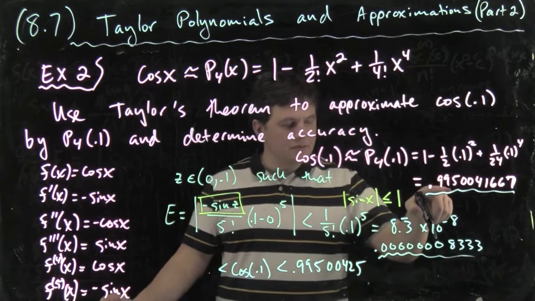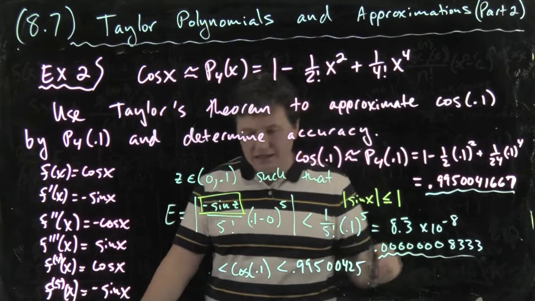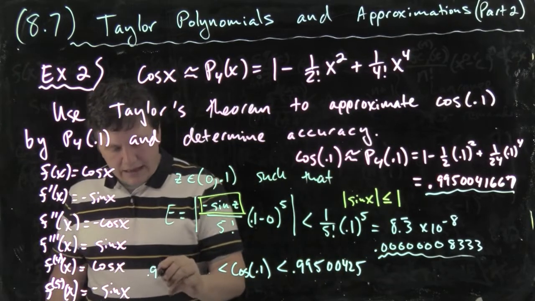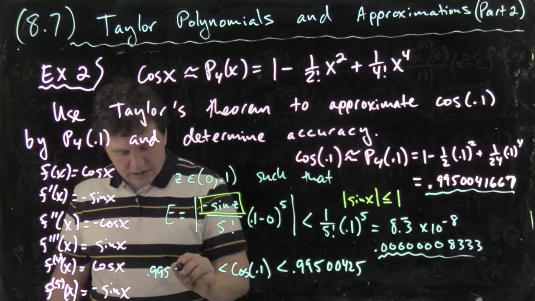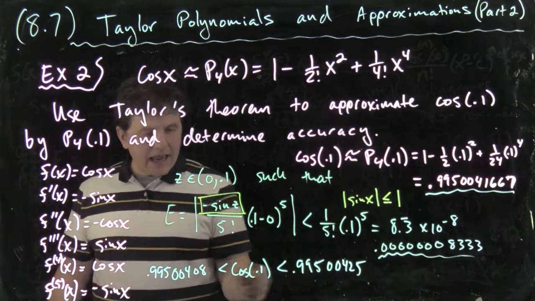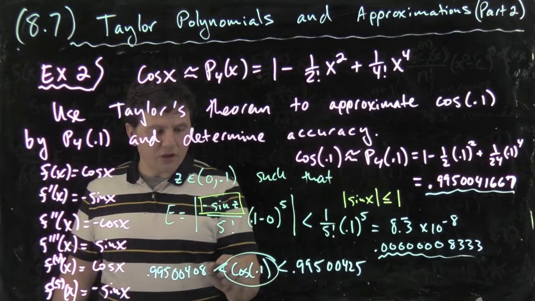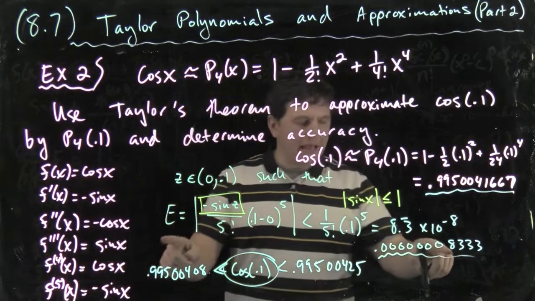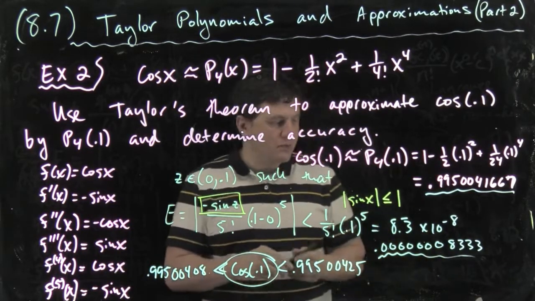I can take this and subtract the error, and I get 0.99500408. Cosine has to be somewhere in between those two things. I'm just adding and subtracting the error on each side of my approximation.